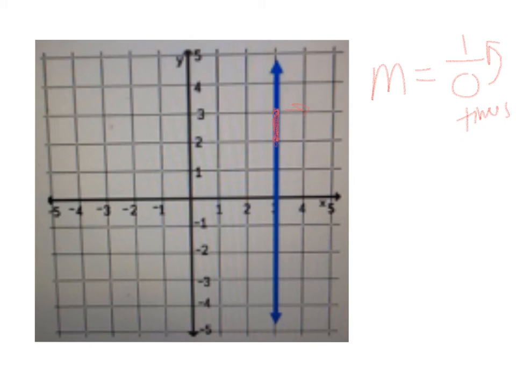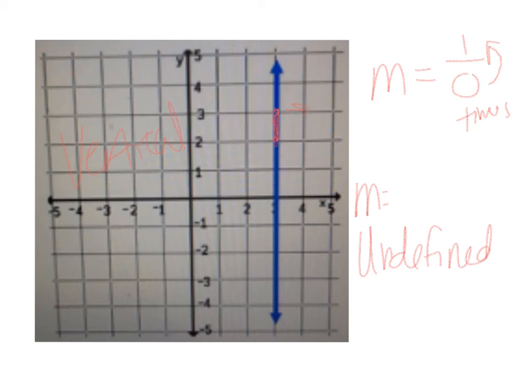And that can't happen because anytime you multiply by 0, your result is just 0. So when you have a vertical line, because you can't divide by 0, it's a special one, and your slope here is what is called undefined. There's no definition for it because you literally can't do it. All vertical lines have a slope that is undefined.